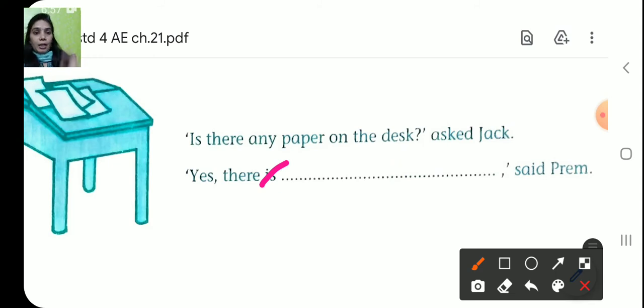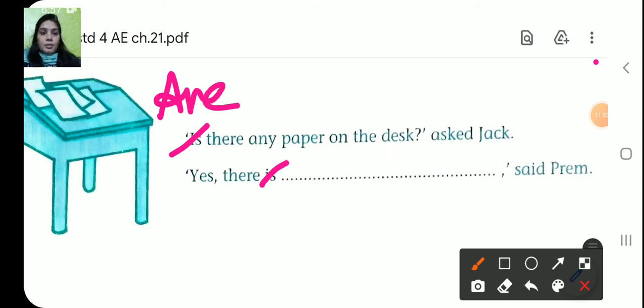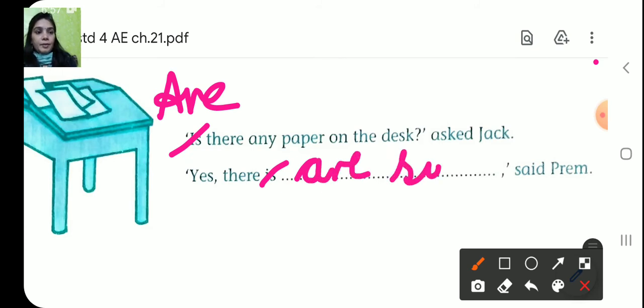So paper you can count, right? So here also write A-R-E. So your answer will be yes, there are some papers on the desk.